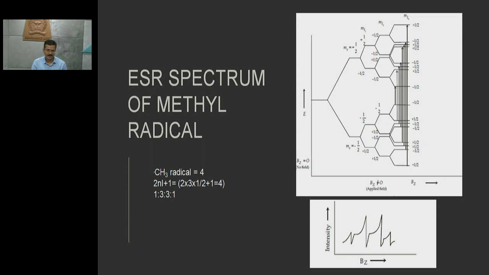For the methyl radical CH3, 2nI plus 1, where n is an integer, but there are 3 hydrogen atoms, therefore n is equal to 3. And the spin of hydrogen is 1/2, so 3 plus 1, we get the 4 signals. This figure tells us these intensities with respect to the applied magnetic field, and majorly it shows the 4 signals.